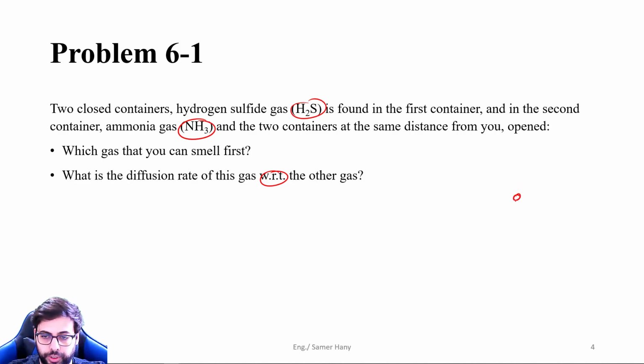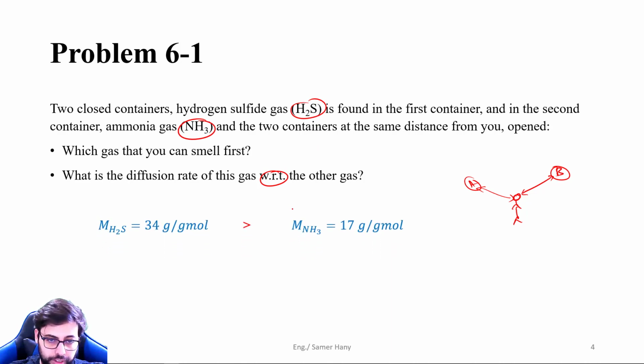Okay, so in this system, let's say this is you, and you have two containers, and you're in the middle. This has H2S, and this has ammonia gas. To solve this, we can just calculate the molecular weights for both, and the one with the lighter molecular weight will be faster.